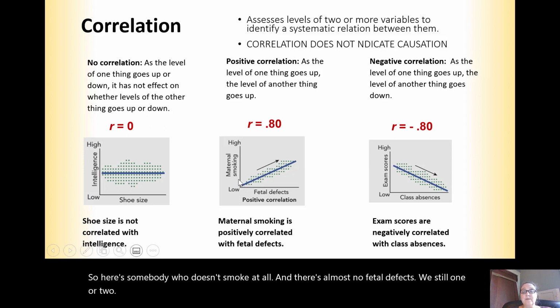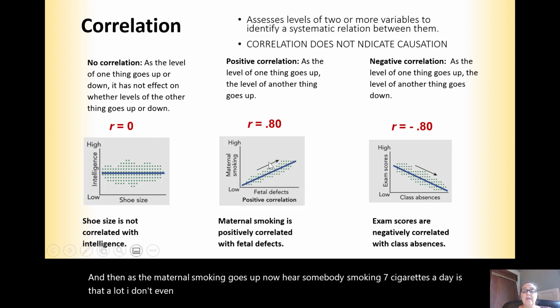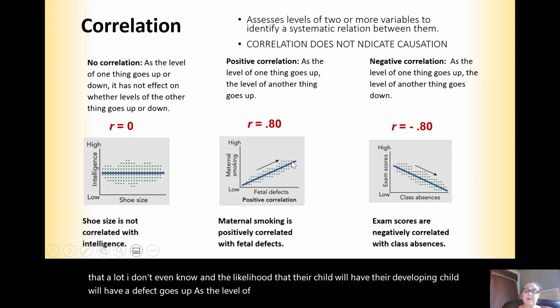And then as the maternal smoking goes up, now here's somebody smoking 7 cigarettes a day. Is that a lot? I don't even know. And the likelihood that their developing child will have a defect goes up as the level of smoking goes up. See? So that's a positive correlation.